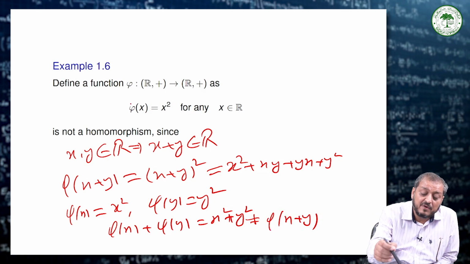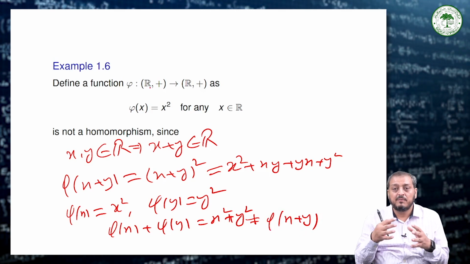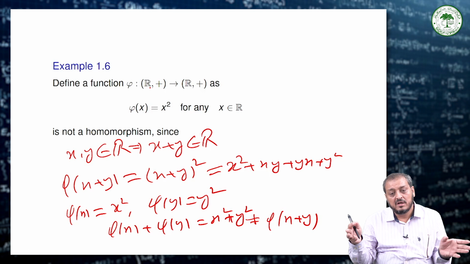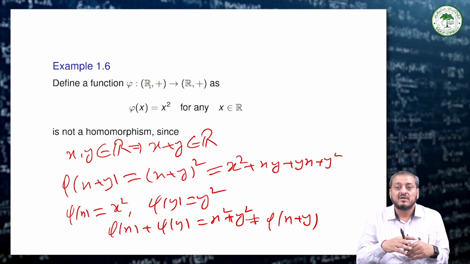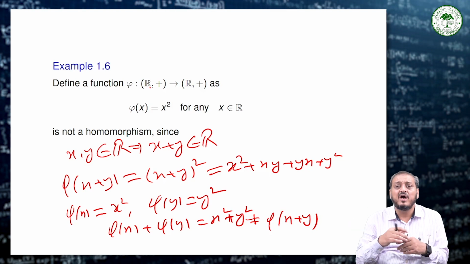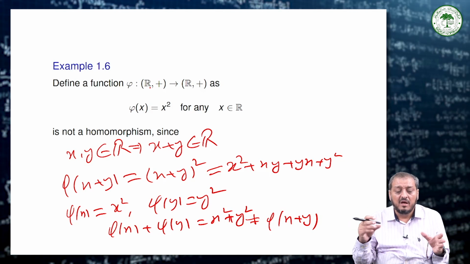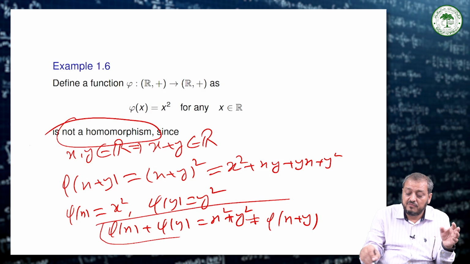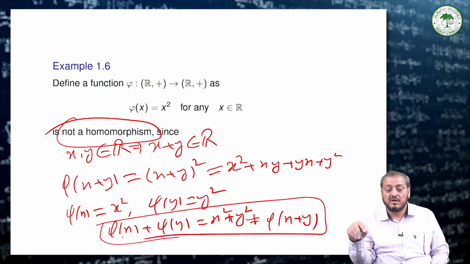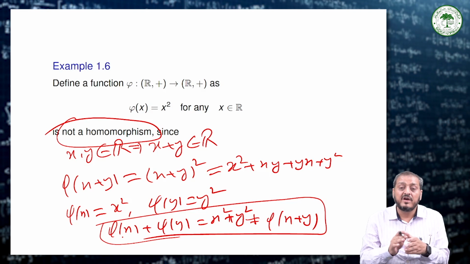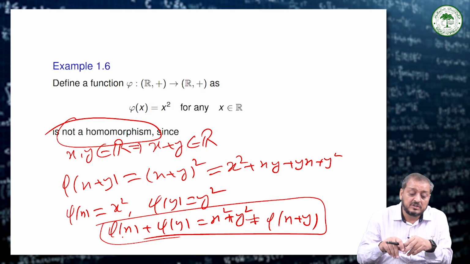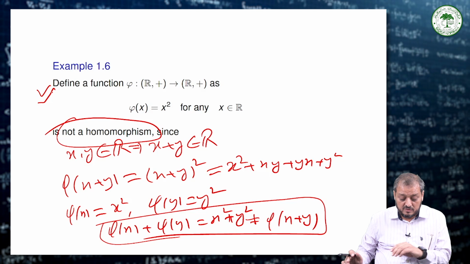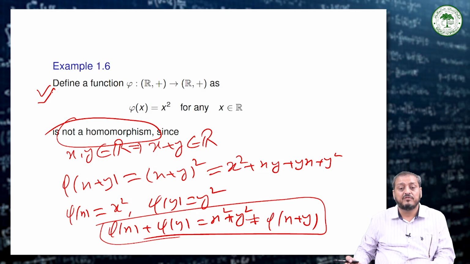So in this case, if in place of the set of non-zero real numbers, I take the set of all real numbers under addition, and the map is defined in the form phi of x equal to x square for any x belonging to R, it is clearly not a homomorphism, because phi of x plus y is not the same as phi of x plus phi of y. So this is one of the examples which shows that this is clearly not a homomorphism.